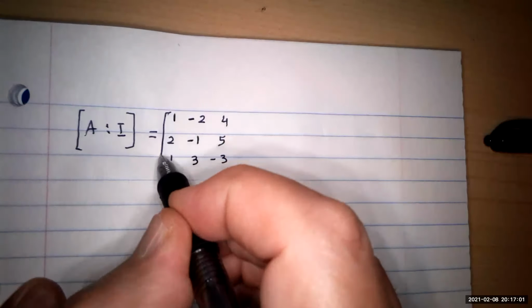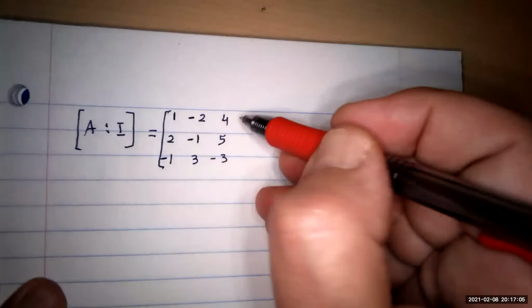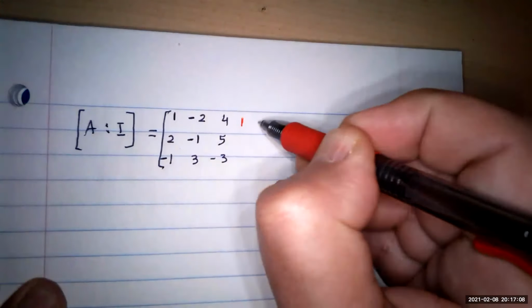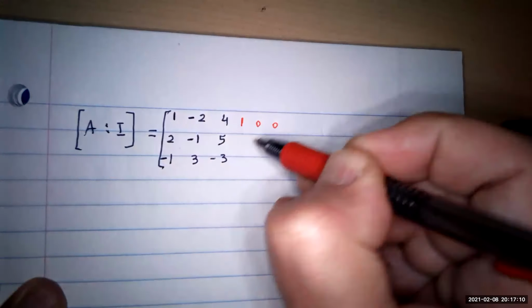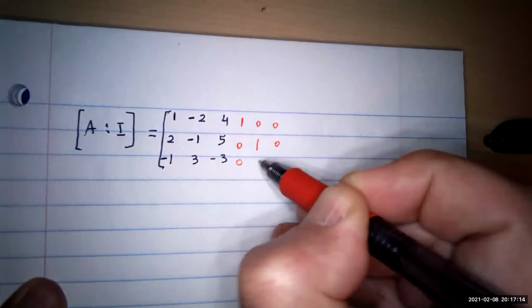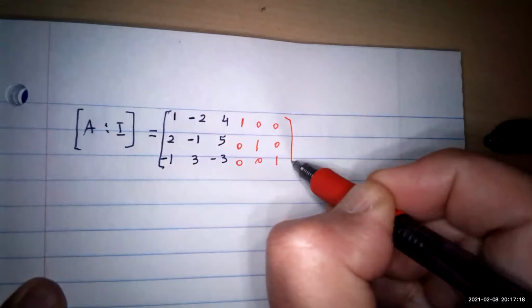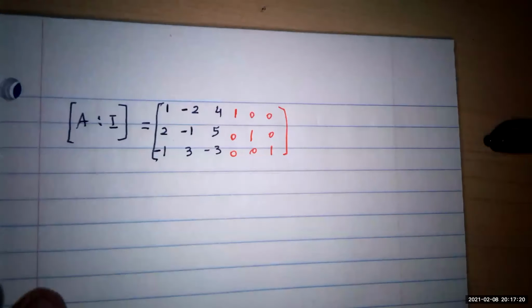Okay, that is going to be A. Now we introduce the 3 by 3 identity matrix: 1, 0, 0, 0, 1, 0, and 0, 0, 1.